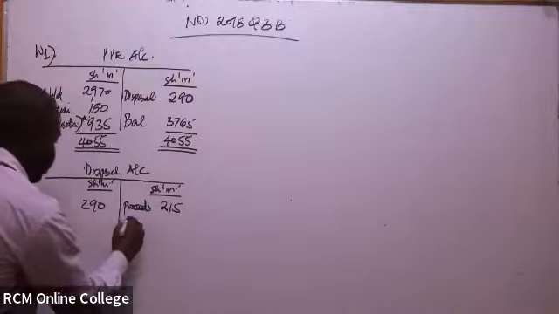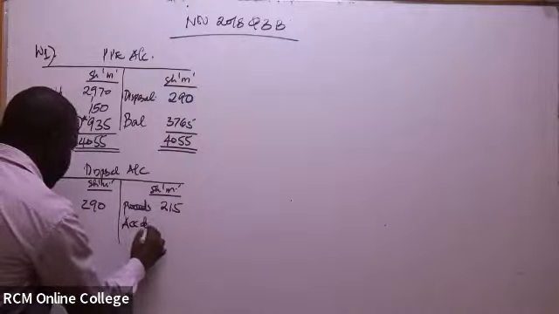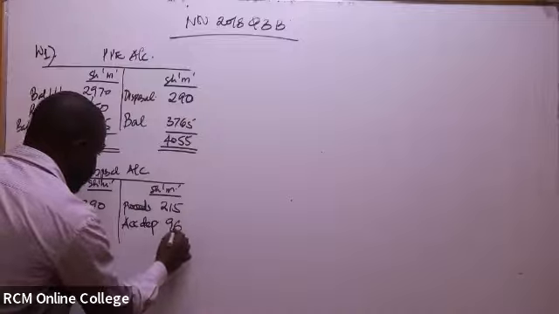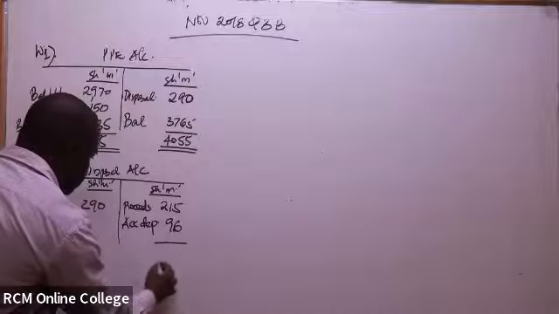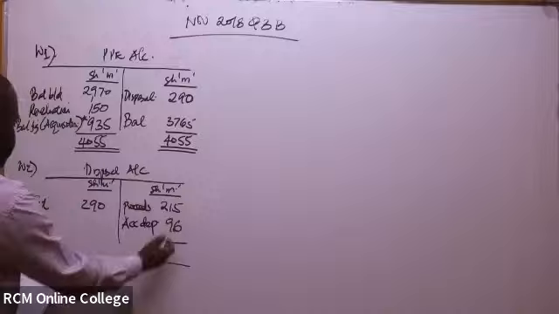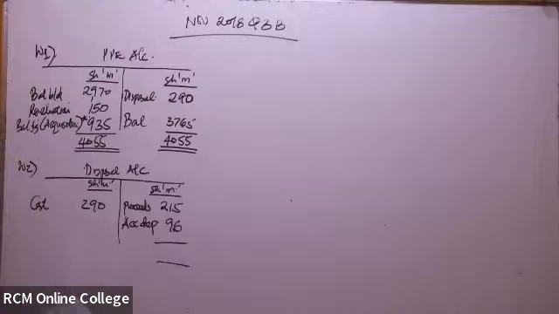Then there was an accumulated depreciation of 96. So you'll realize that in this case, this side is actually more. If this side is more, is it a gain on disposal or a loss on disposal? It is a gain.